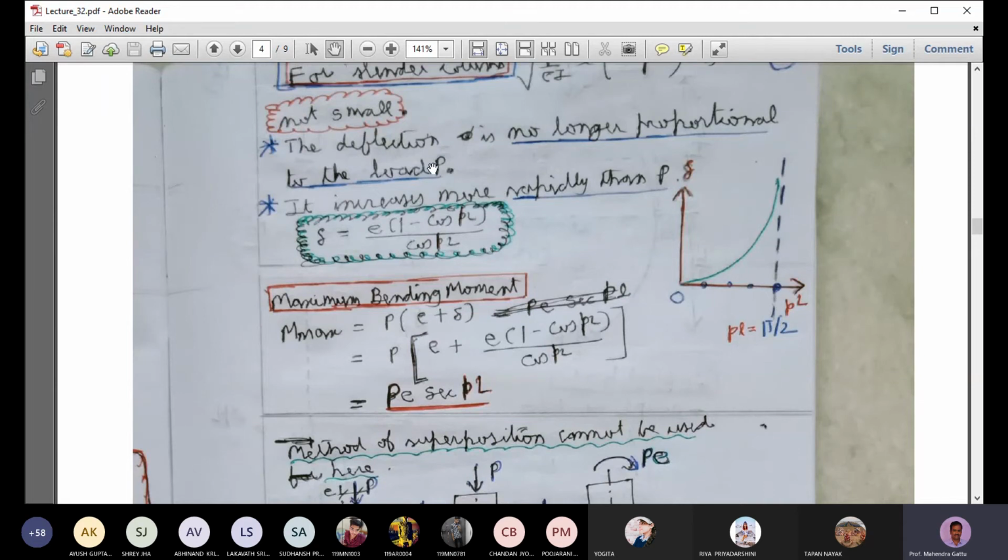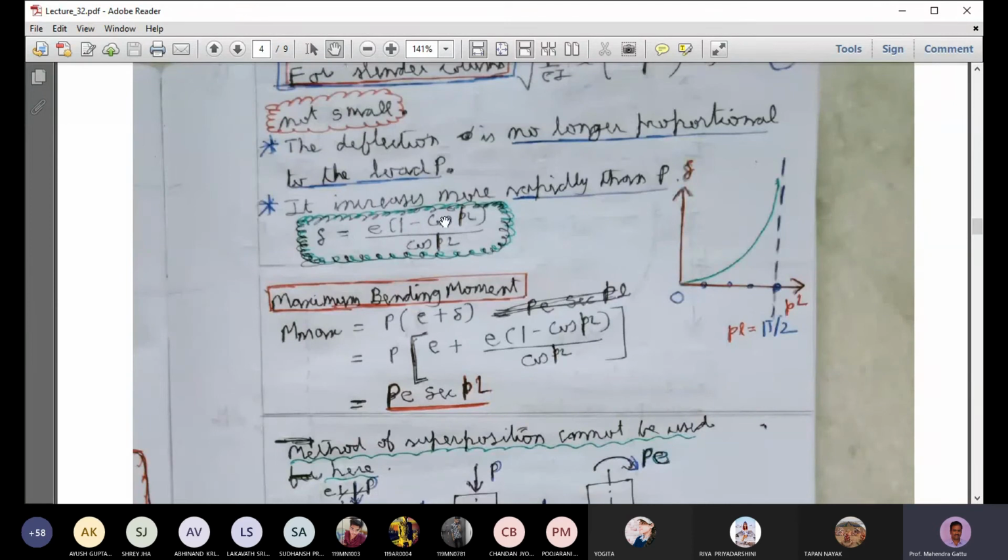The main thing we can see in delta versus small PL is that the deflection is no longer proportional to the applied load. If it were proportional, you would get delta equal to Kp, but here it is not. We have e times 1 minus cos PL by cos PL.